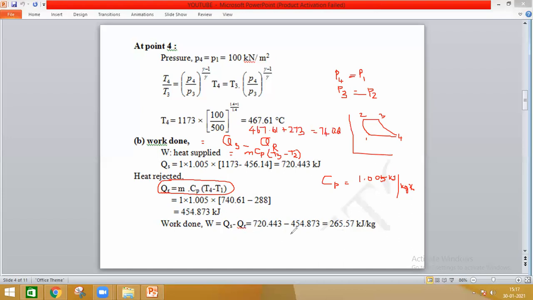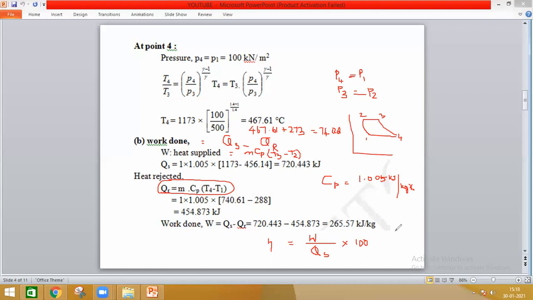Now work done is equal to heat supplied minus heat rejected. Substituting the values of heat supplied and heat rejected, we will be getting the value 265.57 kilojoules per kg. Next we are going to find out the efficiency. Efficiency is equal to work done by heat supplied into 100.